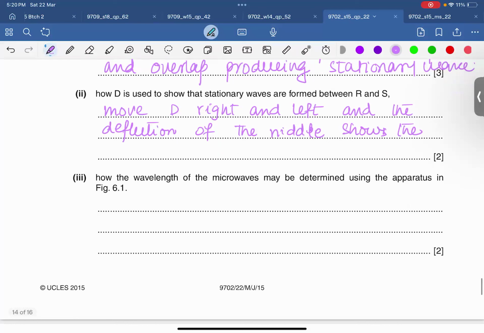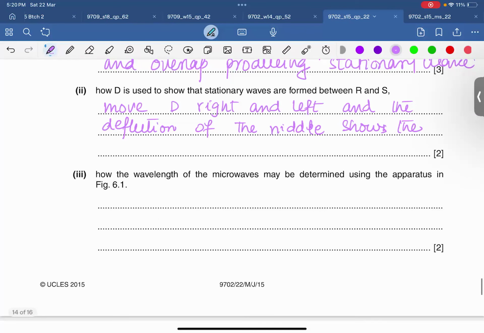You have to mention the description of the observation. So it will show the maximum deflection and the minimum deflection.